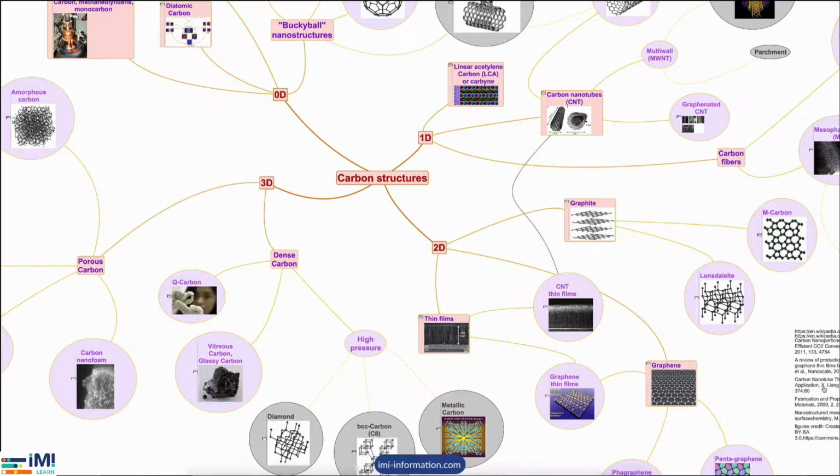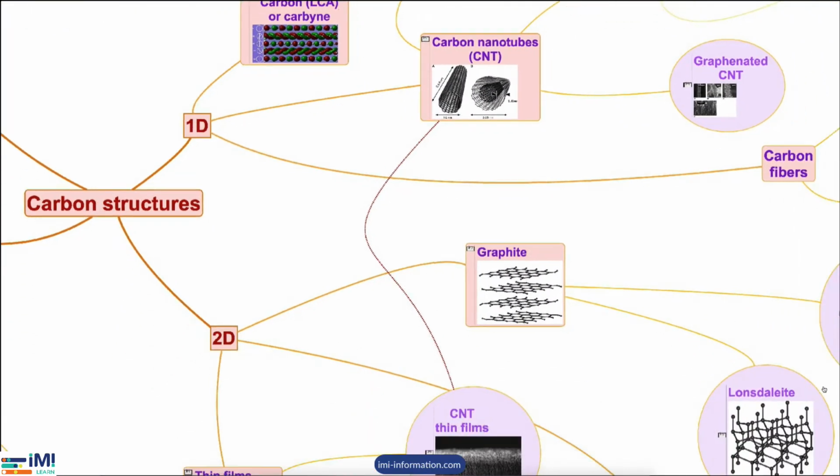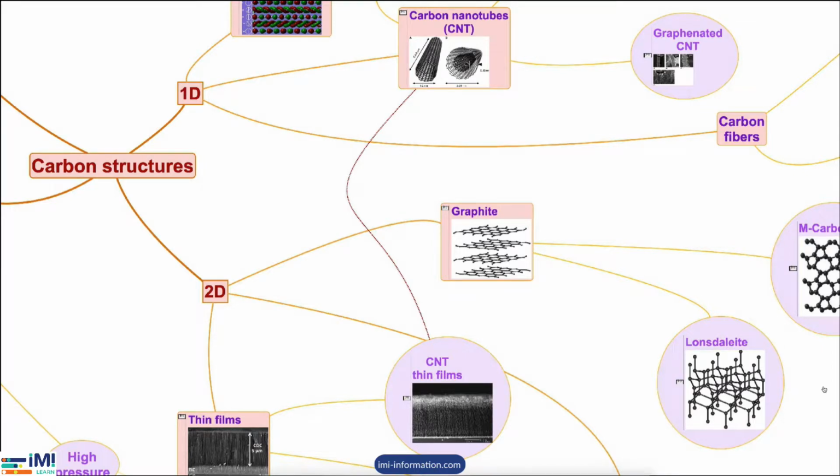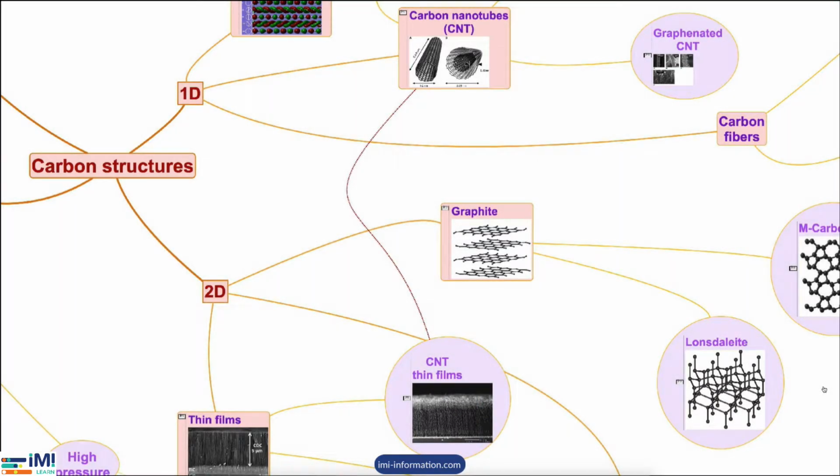For example, in the 1D carbon structure, we have carbon nanotubes. But there's also 2D thin films made with carbon nanotubes. So it's a film with a 2D structure, but made of 1D objects, carbon nanotubes. Therefore, we create a link here to show that there is a connection.